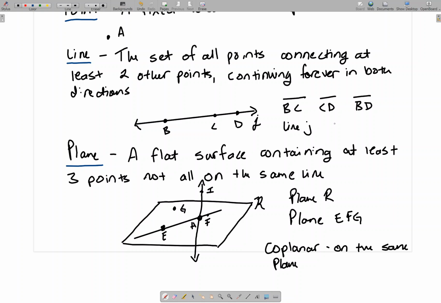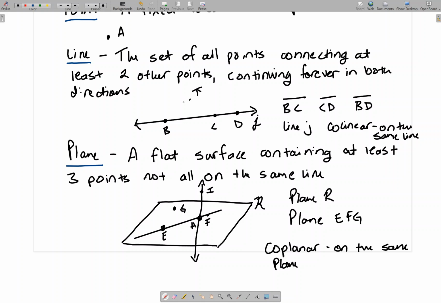The term collinear goes with lines. Collinear means on the same line. And so if I had a third point here, so I have B, C, D, I already went through I, we'll call this K, so I'm not confusing it with the J that I used for the line.